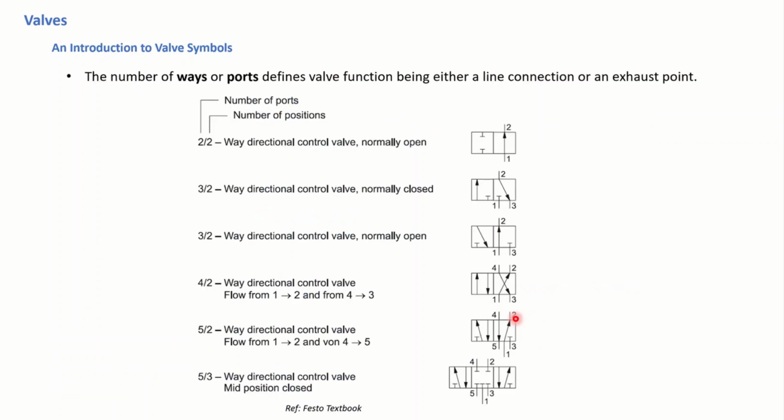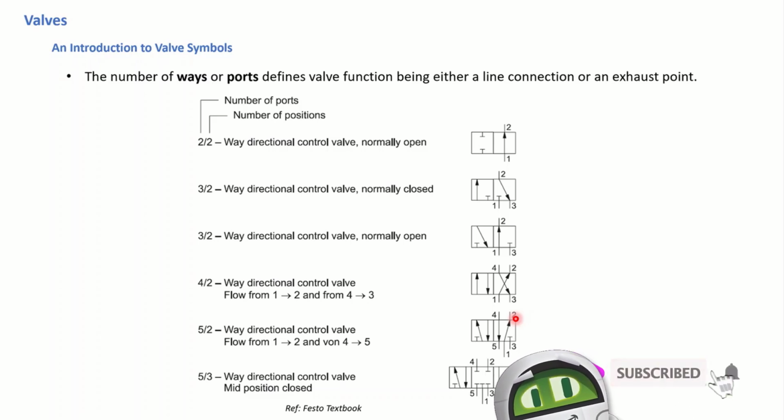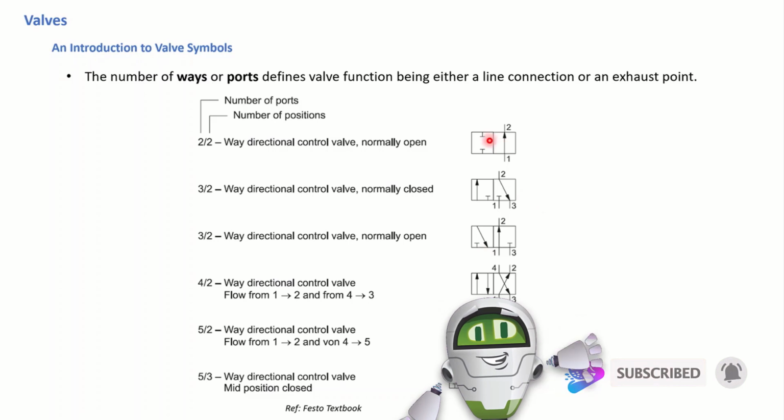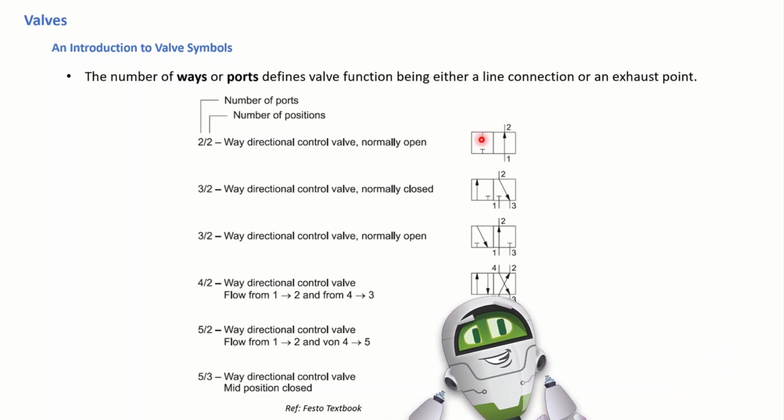As you see here, we have a few of the symbols that are generally used within pneumatic circuits, and each of them is representing a directional control valve that already exists, and you can go and buy them for your specific application. For example, this one, you see we have two ports, right? Two ways basically.